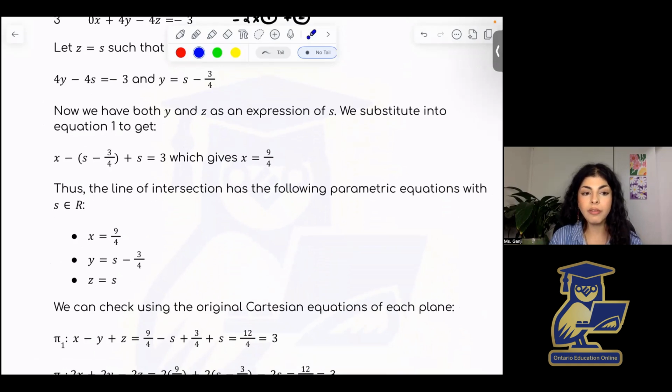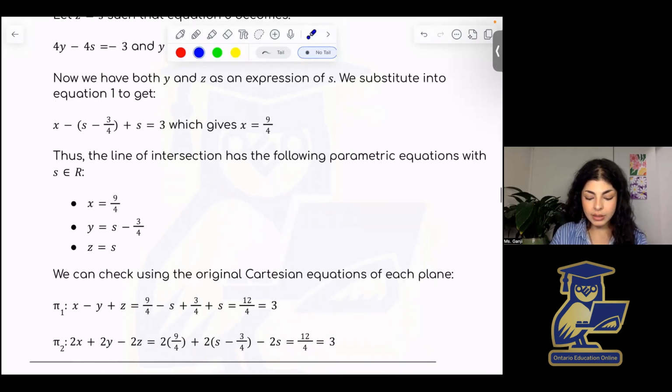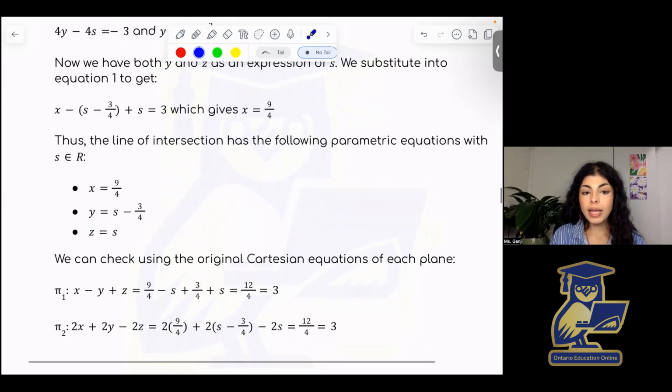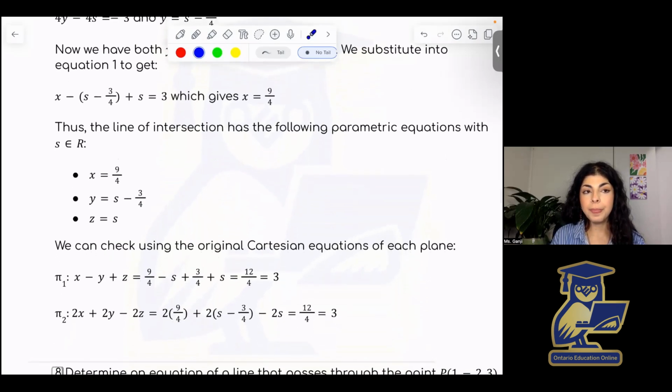We have all of our variables x, y, and z as an expression of s, so we write it as such. x is equal to 9 over 4, y is equal to s minus 3 over 4, and z is just equal to s. Now, I can write this in vector form as well, but you were just told to find the nature, so we just know that they intersect in a line, and this is one form of the equation for that line.